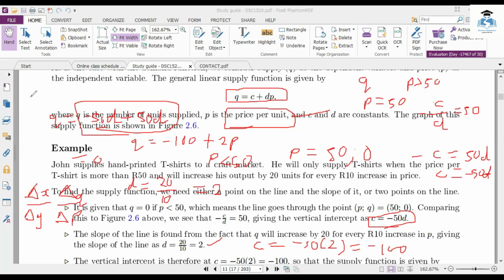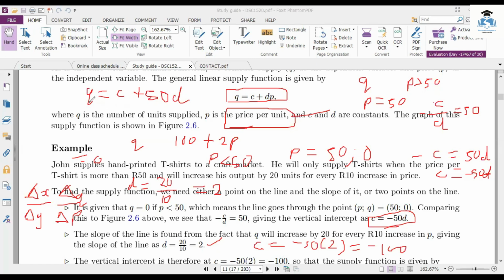That's why we come up with this idea where we said Q is equal to C plus, then we said our price is 50 times D. So that's 50D.